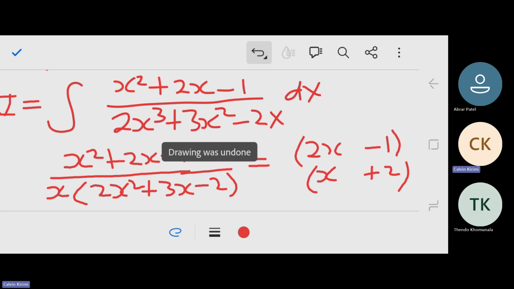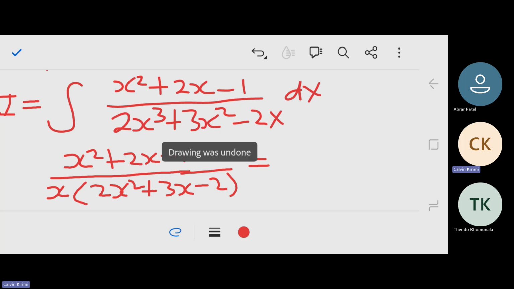So in other words, let's see how we can factorize that. By partial fractions, the idea is to split the expression into fractions. That is what we are doing here. The reason why we are factorizing is that we want to split that integral, the numerator and the denominator, into fractions.